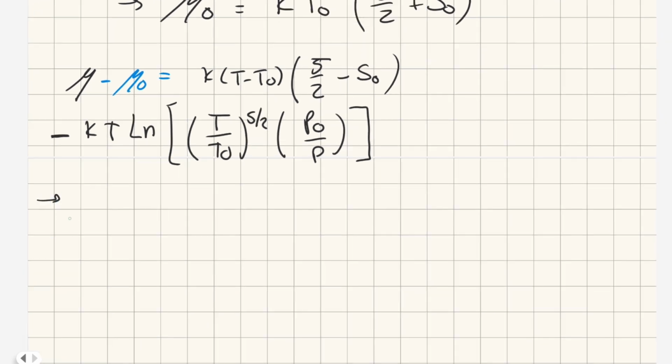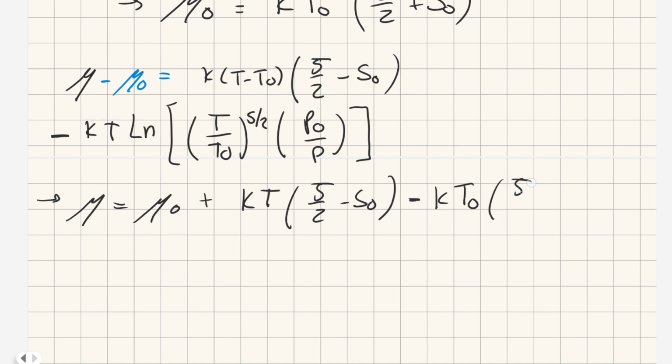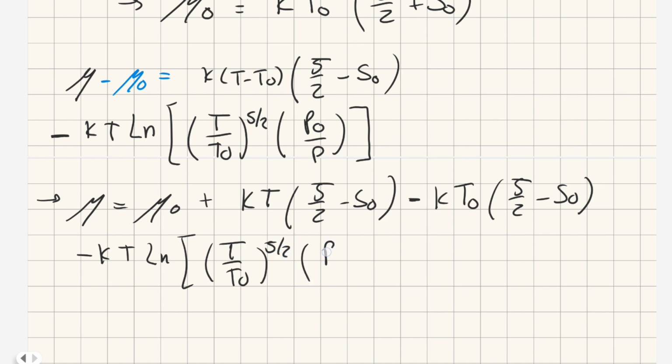From here we can say that μ is equal to μ0 plus kT times (5/2 − S0), and then minus kT0 times (5/2 − S0), and then minus kT times the natural log of (T/T0)^(5/2) P0/P.